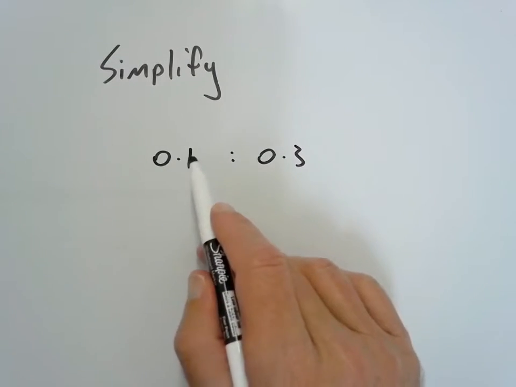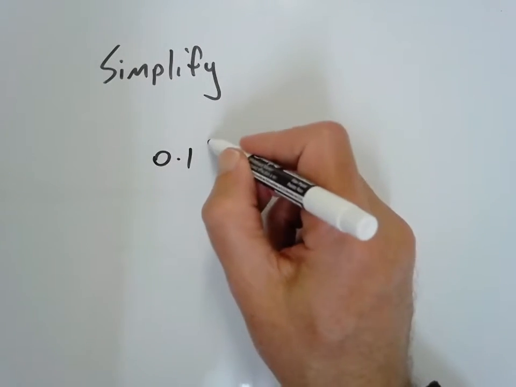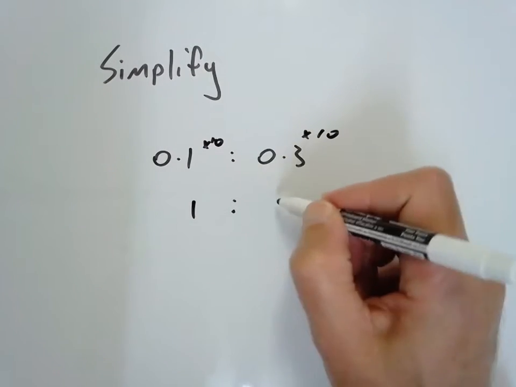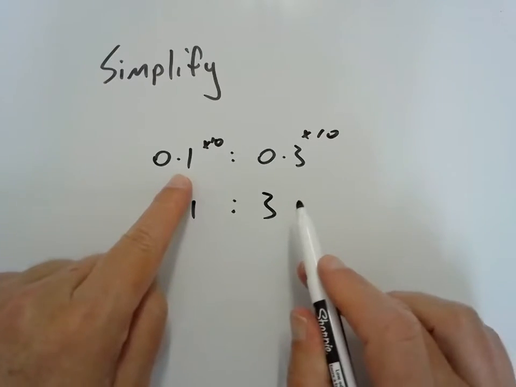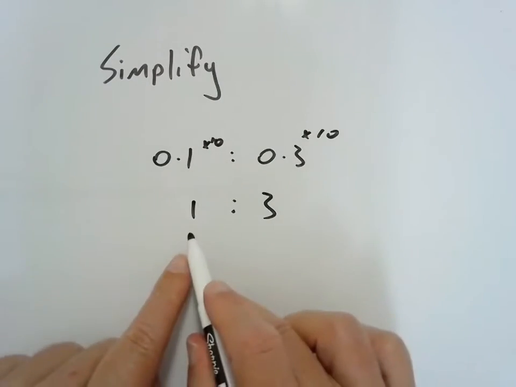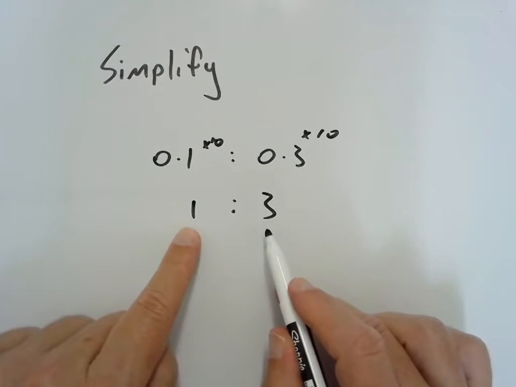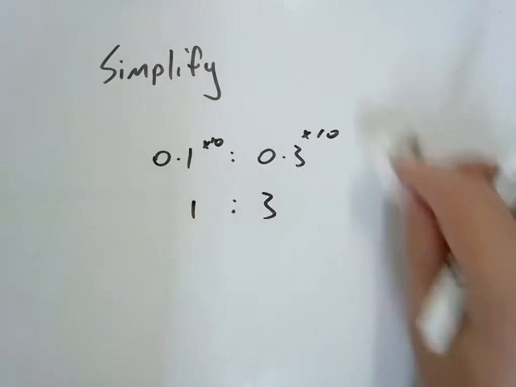So to get rid of the decimal, how about I multiply both sides by 10? 0.1 times 10 and 0.3 times 10 is 1 is to 3. Well, that's simplest form. 0.3 is 3 times bigger than 0.1. So when we go to decimal, we just want to get rid of it by multiplying both sides by whatever we need to, to get rid of them.